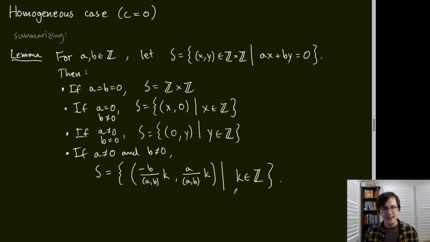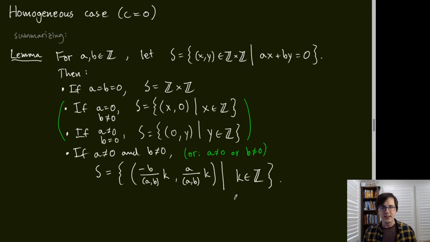It's just that the proof we did assumed that a and b were non-zero for it to work. But I'll put in parentheses just to remind ourselves that we don't need all 4 cases. So I can rewrite this as: a is not equal to 0 or b is not equal to 0.